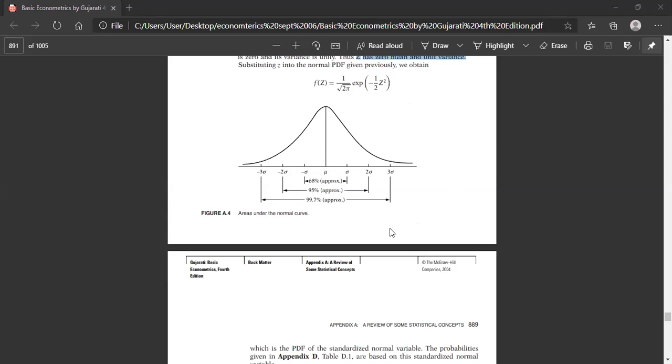I hope you all have seen the Z table. Did you see the Z table? Yes, Professor. There is a table at the back of this book.